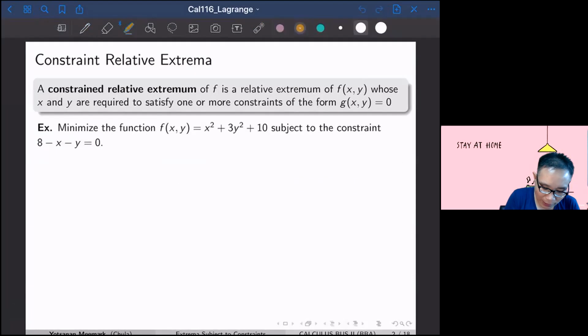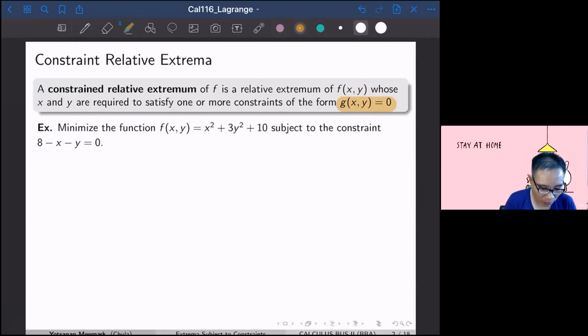So you're going to know the relationship between variables x and y, and sometimes you may be able to convert the problem into single variable calculus. For example, the first example asks you to minimize the function f(x, y) equals x squared plus 3y squared plus 10, subject to the constraint 8 minus x minus y equals 0.